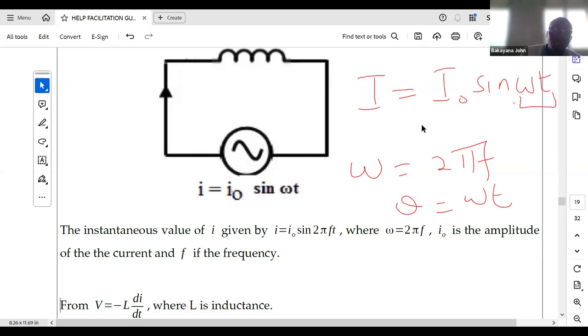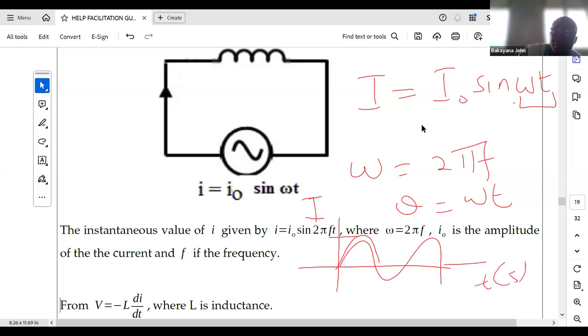So when you plot, of course, you come up with something like that, where if I'm plotting I against time, the maximum value of this curve is going to be the peak value of the current I naught. And of course, the minimum value is also I naught, but on the negative side of the current axis.